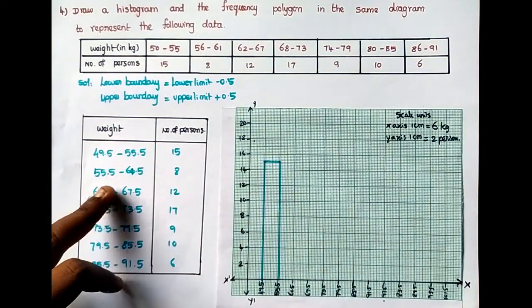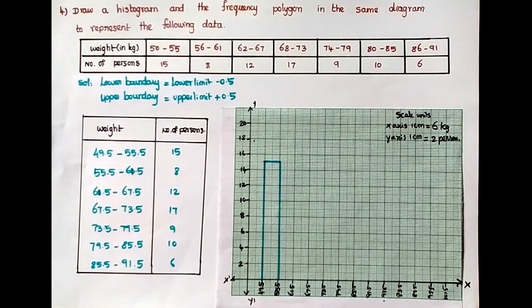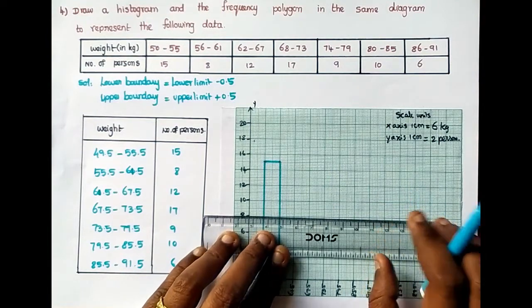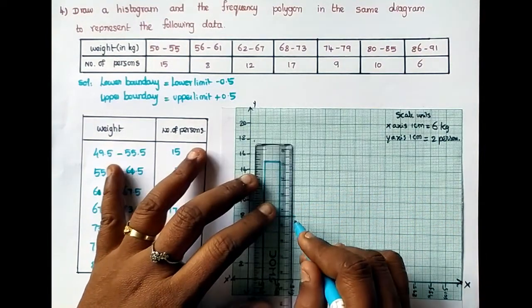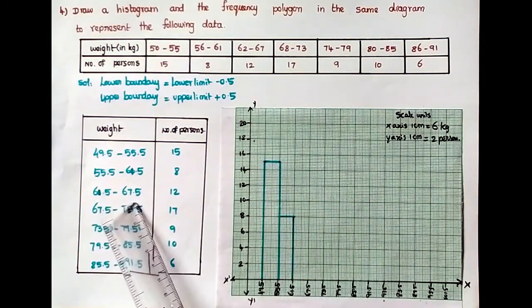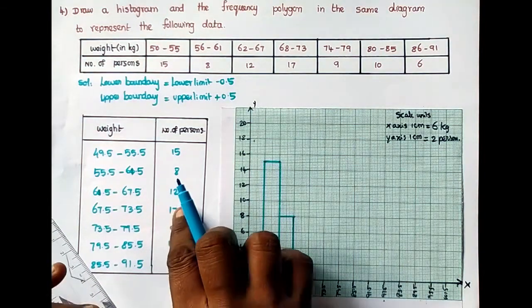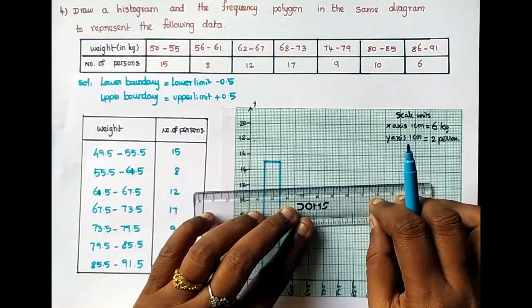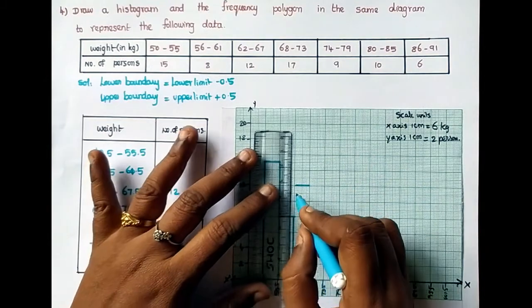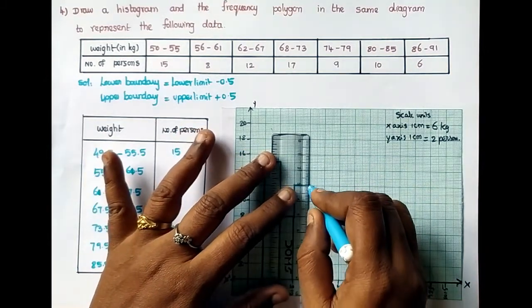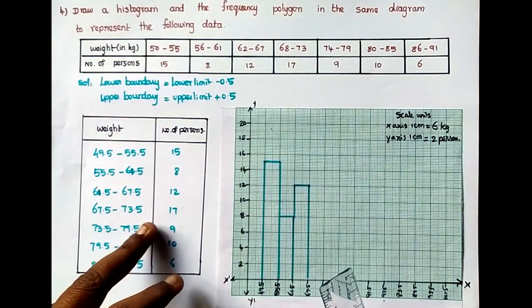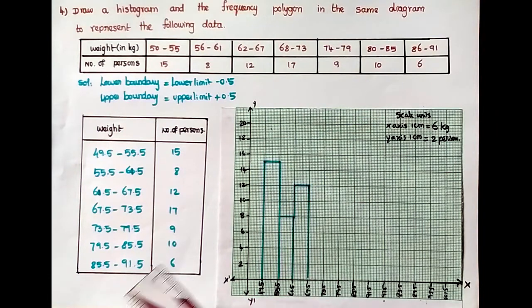Next one, 55.5 to 61.5, that is 8. Next one, 61.5 to 67.5, that is 12. Next one, 67.5 to 73.5, 17.